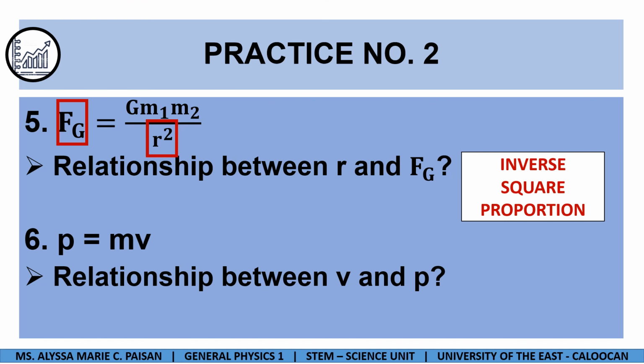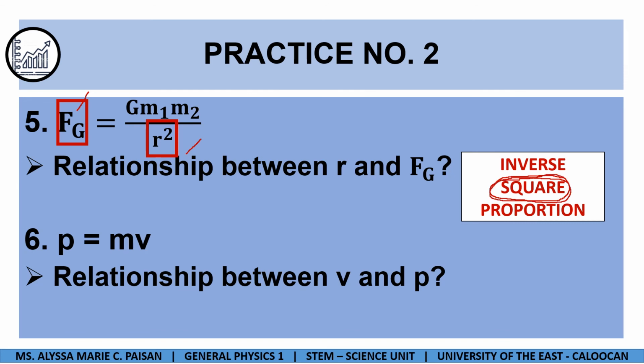So, as a rule, I have mentioned a while ago that if one variable is in the numerator and the other is in the denominator, that's considered to be inverse. Now, again, where did this square come from?